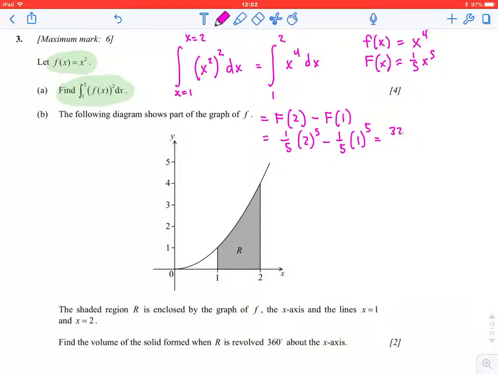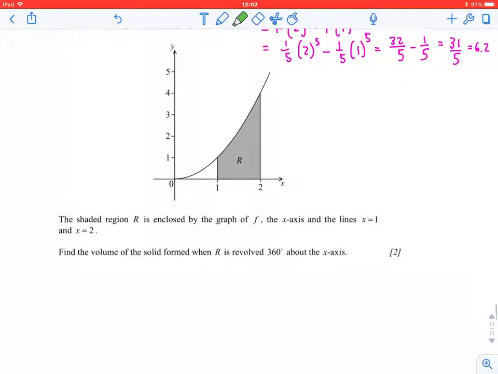And just simplifying that, that's 32/5 minus 1/5, which just becomes 31/5. You can write it as a decimal if you want. That's just 6.2. Either way is fine because both of those are exact values, no rounding. And it's paper 1, so there's no rounding anyway. You have to do it all in your head.